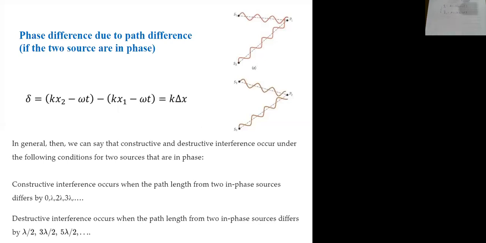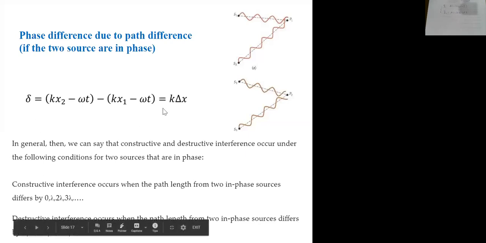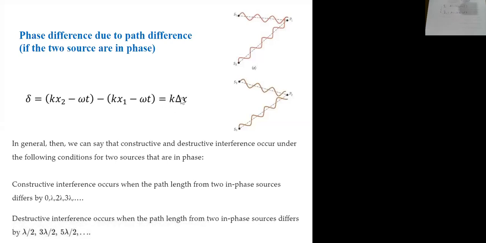Now you can see mathematically, like what we learned before, if delta is the same, then the two waves are in phase. When they meet, they will add up, meaning they will have constructive interference. So then this phase, k delta x, could be equal to, well, let me see. If they are in phase, I think there's a step missing here.